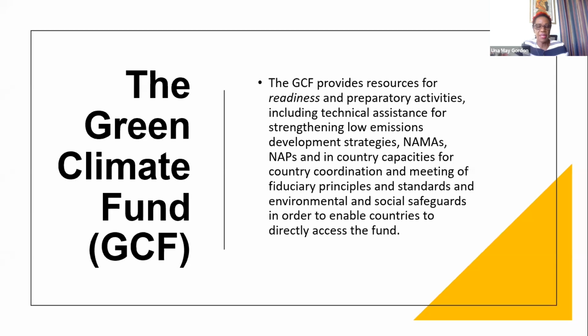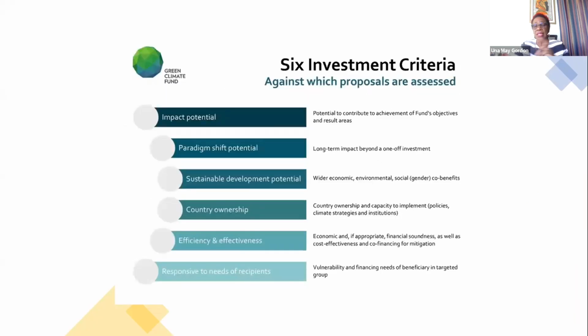And there is a $3 million NAP window to prepare the national adaptation plan for each country, a one-time $3 million window. The GCF operates under 6 investment criteria, very clearly articulated: what you need to do, how you need to proceed to access the fund.